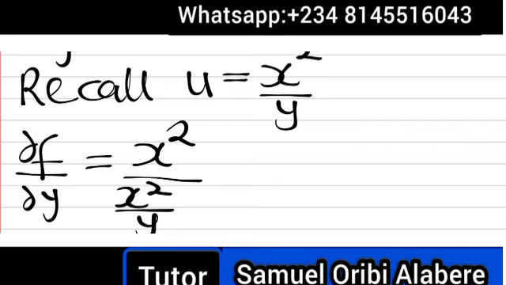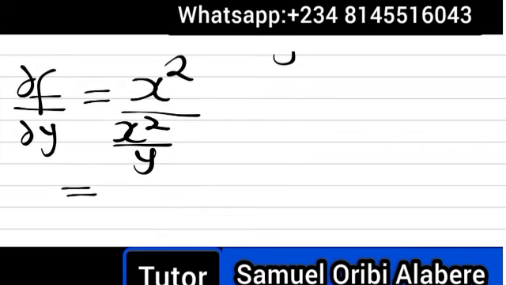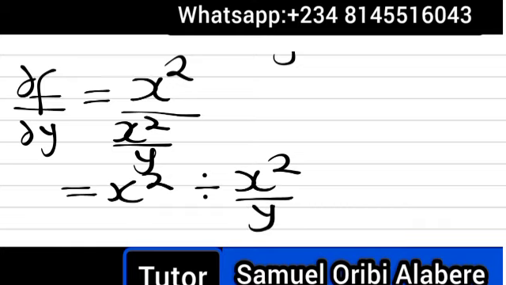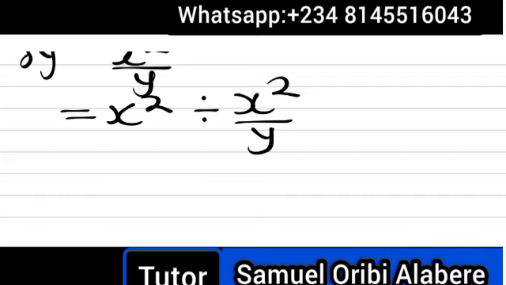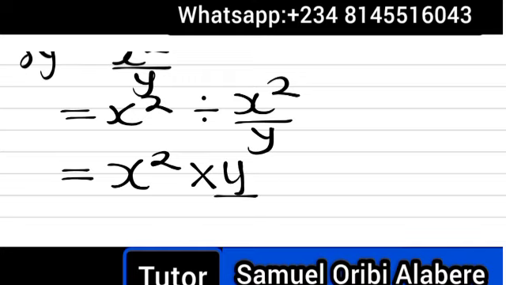So when we further evaluate this, it will then be equals to x raised to the power of 2 divided by x raised to the power of 2 all over y. So simplifying this will now give us x raised to the power of 2 times y all over x raised to the power of 2. So x raised to the power of 2 here will cancel x raised to the power of 2 here, leaving us with y only.